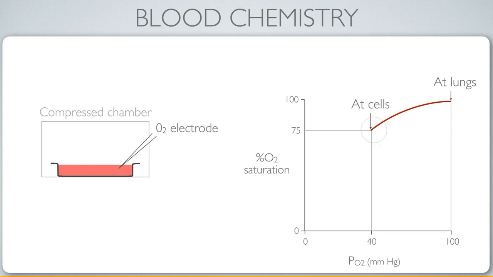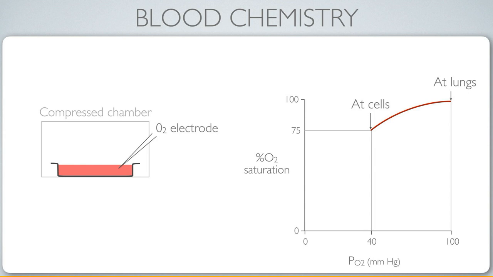Now, the shape of the curve matters to that transport. The shape in this part of the curve has a very slight slope, and we'll see that compared to the other part of the curve in a moment.